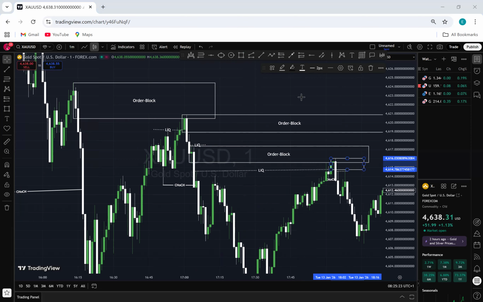So every time you have a structural break or a change of character, it is okay to have two zones. Whenever you have two zones, even if you have one zone, don't trade off that zone without confirmation. I don't know if that's clear, sir.